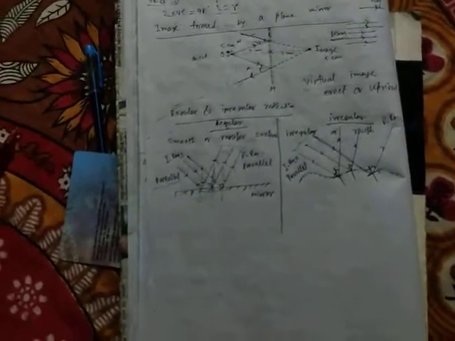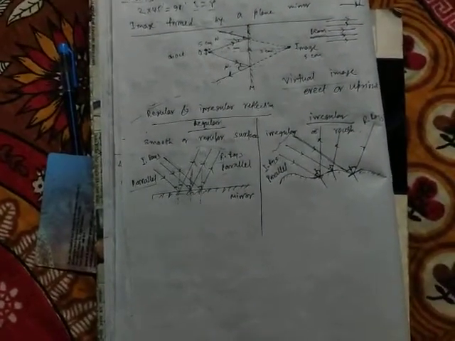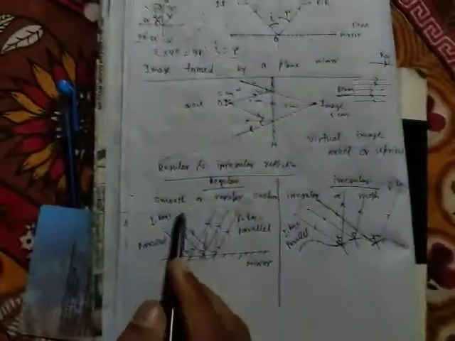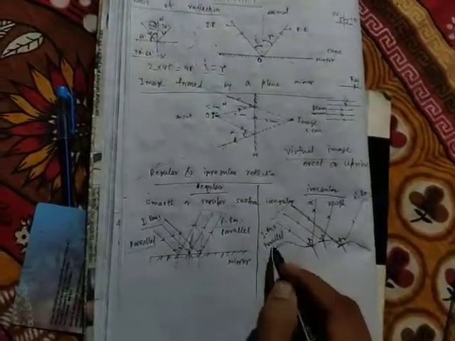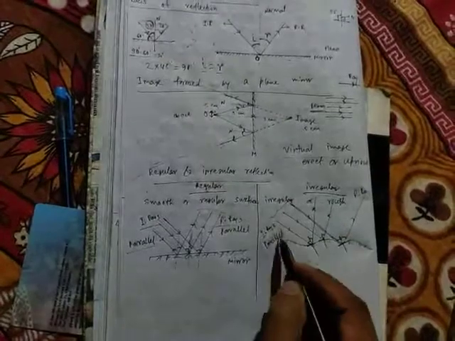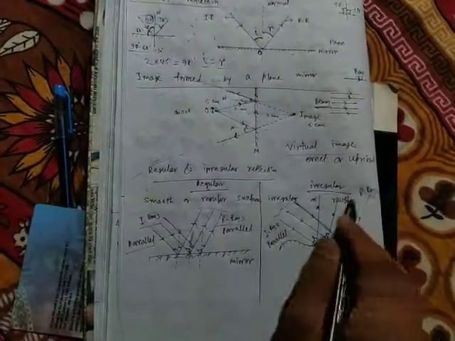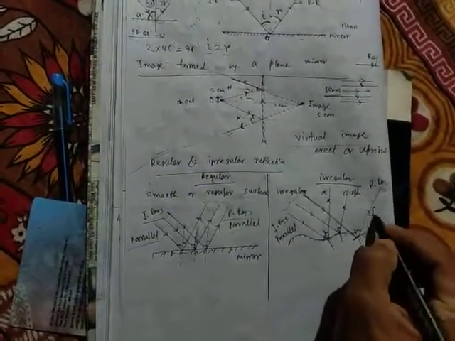In irregular reflection, parallel rays strike the surface, and after reflection the rays get reflected and scatter away, or they spread away, and this kind of reflection is called irregular reflection. That means for regular reflection, incident rays and reflected rays both are parallel, but for irregular reflection, incident rays are parallel but reflected rays are not parallel, they scatter.